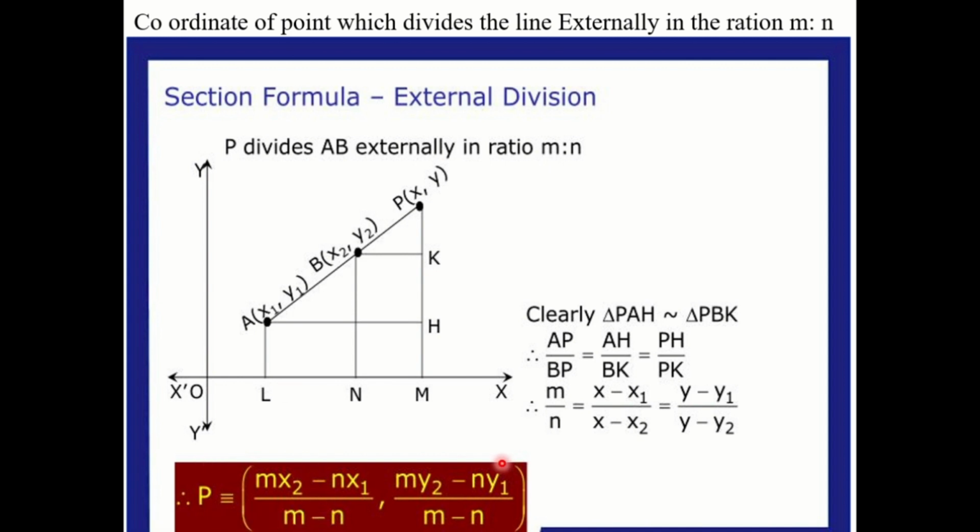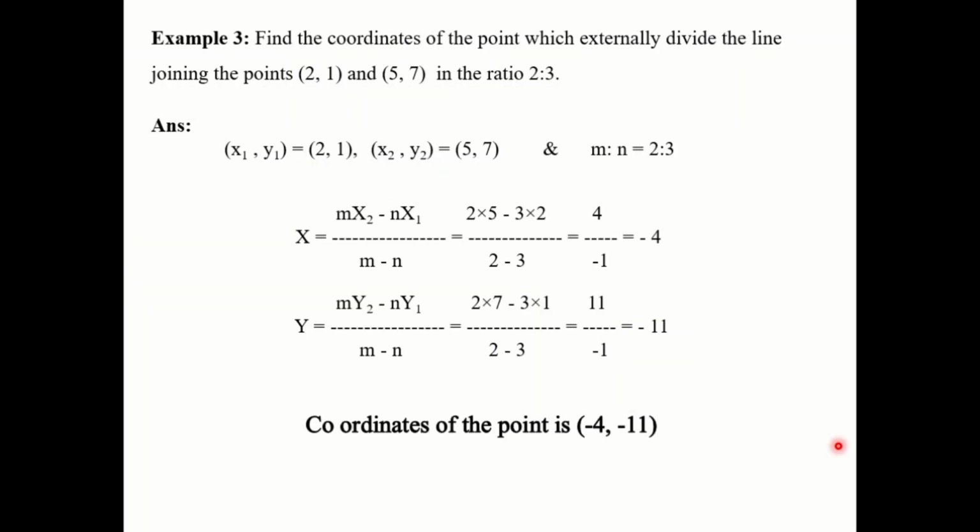Now we are going to solve a problem. Find the coordinates of the point which divides externally the line joining the points 2, 1 and 5, 7 in the ratio 2:3. What is given? x1, y1 that is 2, 1, x2, y2 that is 5, 7, and m to n is 2, 3.